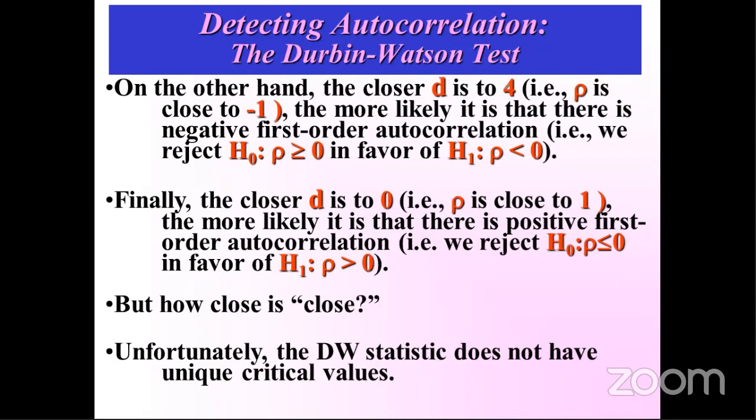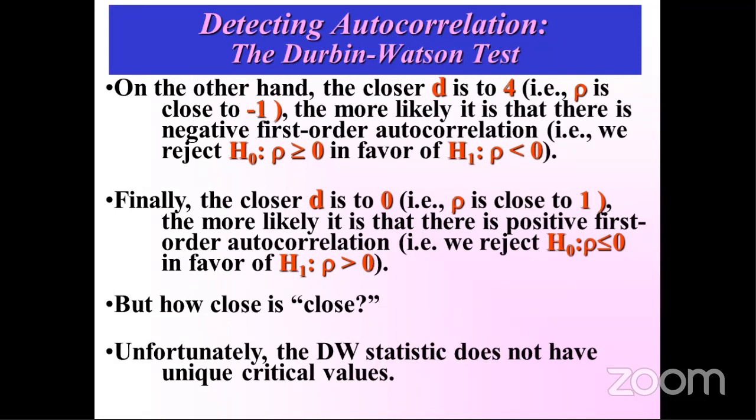Hence, now we have 3 values: the one is 2, the second one is 0, and the third one is 4. By observing these 3 values, we can say the Durbin-Watson value lies between 0 and 4. That is, the minimum value of the Durbin-Watson statistic is 0, and the maximum value is 4, and the middle of these two is 2. The 2 indicates no autocorrelation.